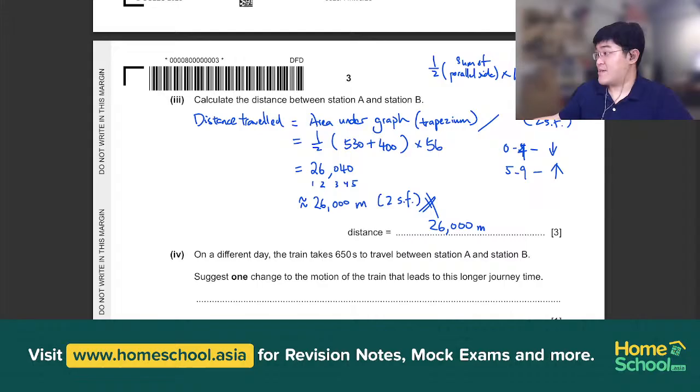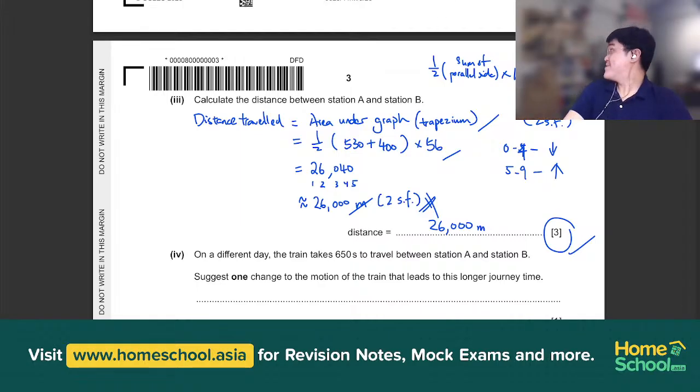Your second mark should be given over here, which is you get the correct answer, 26,000 meters. This is your second mark. All right, and your third mark should be the correct numbers put into the equation. Third mark here. All right, so once you get all these three parts correct, you should get your full 3 marks for this question. Okay?